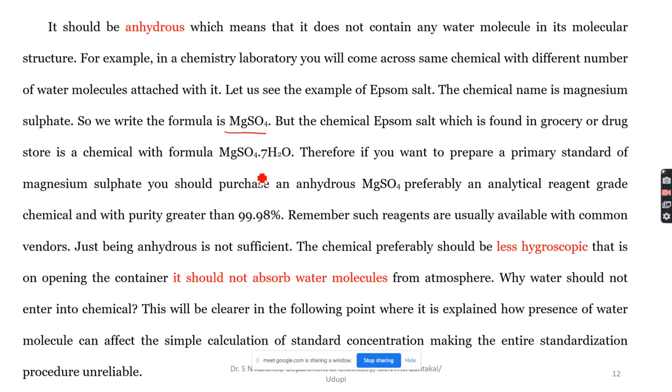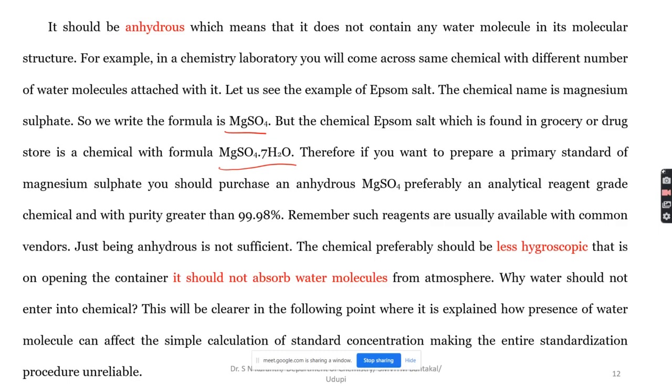And the same magnesium sulfate, if you purchase it from outside, like in a drugstore or a grocery, you will get the hydrated form of magnesium sulfate, MgSO4·7H2O. Both are Epsom salt. If you purchase in a chemical laboratory, it is the anhydrous form of the compound, that is MgSO4.